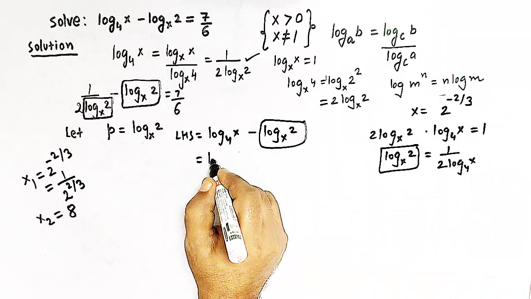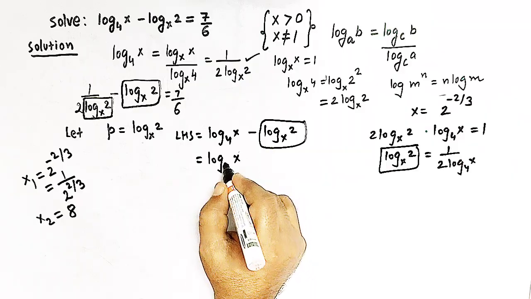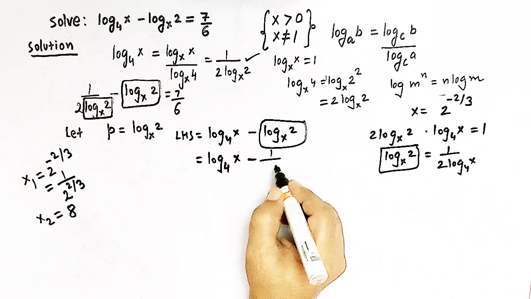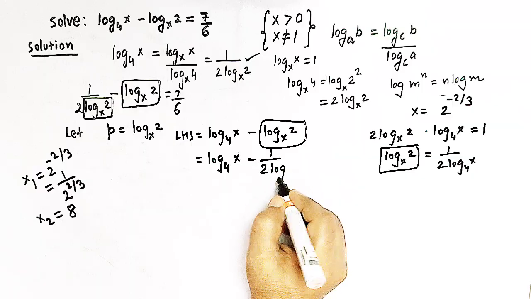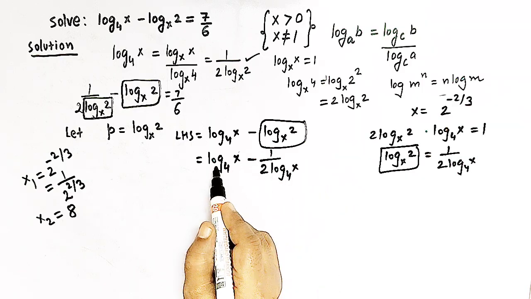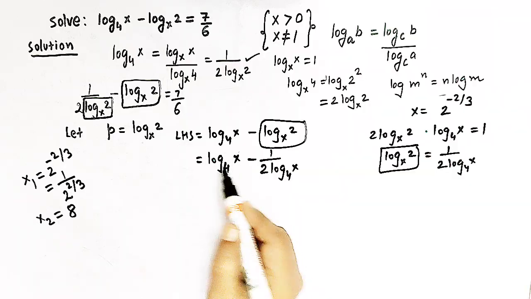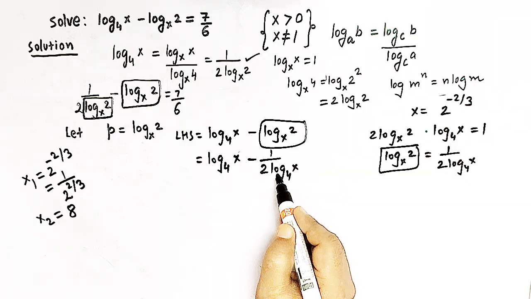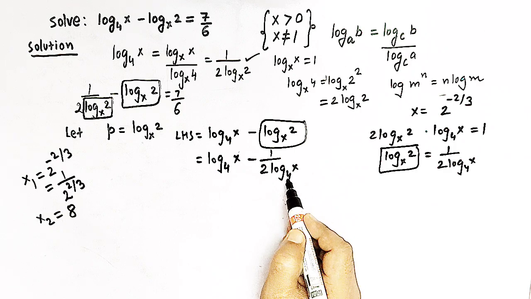So we have log x to the base 4, and here we have 1 over 2 times log of x to the base 4. So here we have now the only term, that is log x to the base 4. Here also we have log x to the base 4.